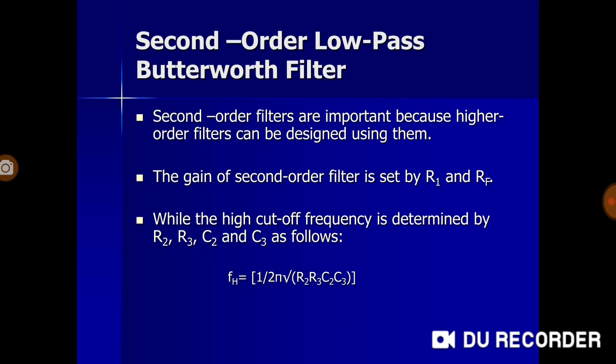Now we come to the second order low pass Butterworth filter. Why do we go in for increasing the order? Because as the order of the filter increases, the voltage gain that rolls down after the cutoff becomes steeper and steeper.